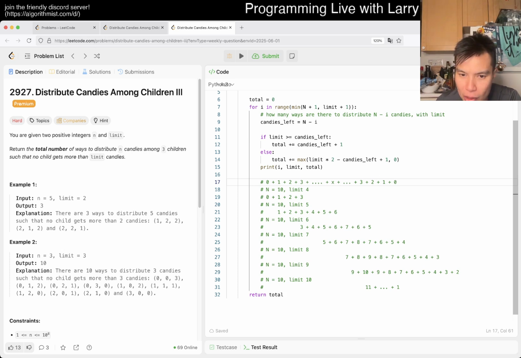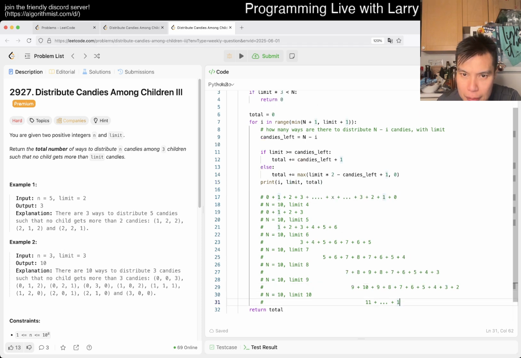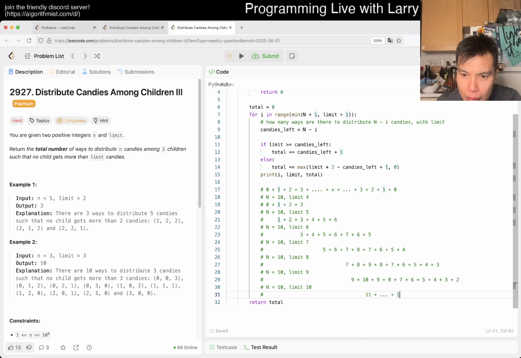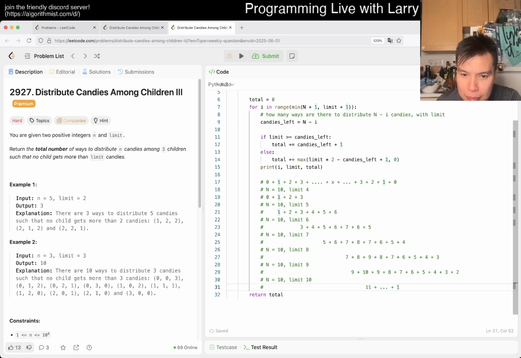Seems like N minus 1 is the last number, right? And limit is 10, so yeah. Okay, so limit is 0 to 10. That makes sense because of what we do, right? Because it's going to be 10 candy left, so 11 choices plus N. So this one makes sense.